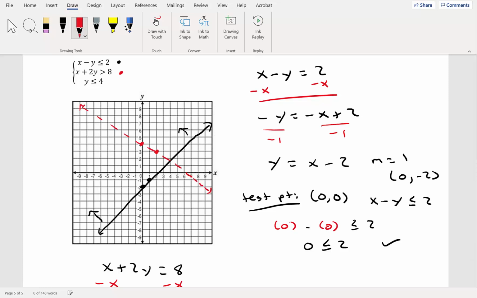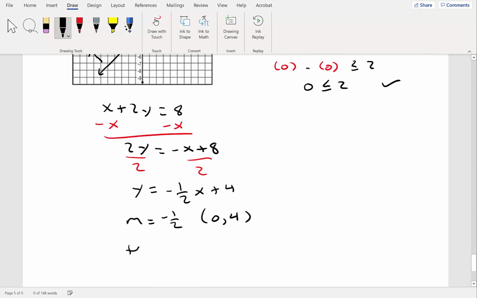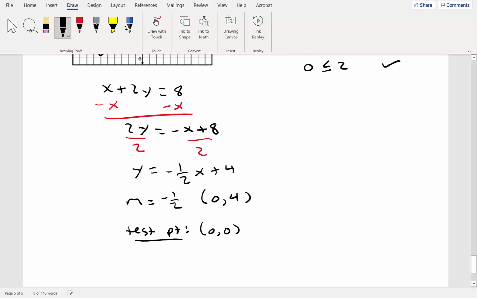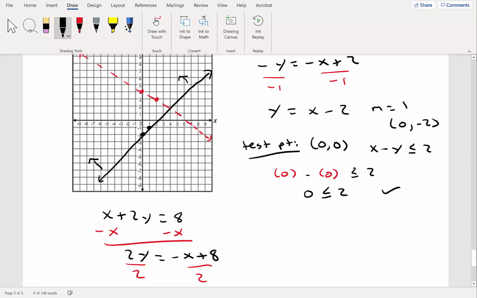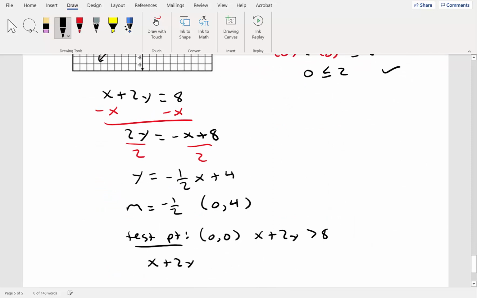Okay. And now let's go ahead and choose a test point. So we could choose the origin again because it's not touching that line. So our test point, let's use 0, 0 and plug it into the original problem. So x plus 2y was greater than 8. Okay, let's plug it in.